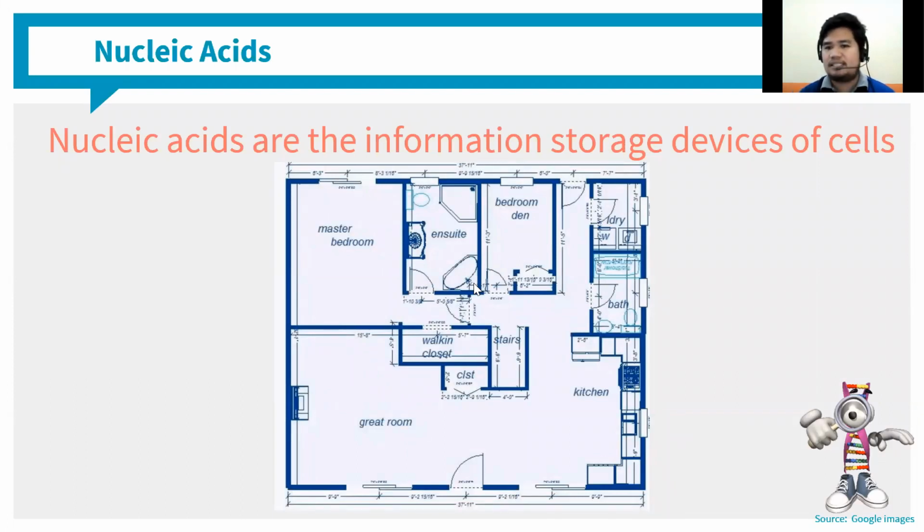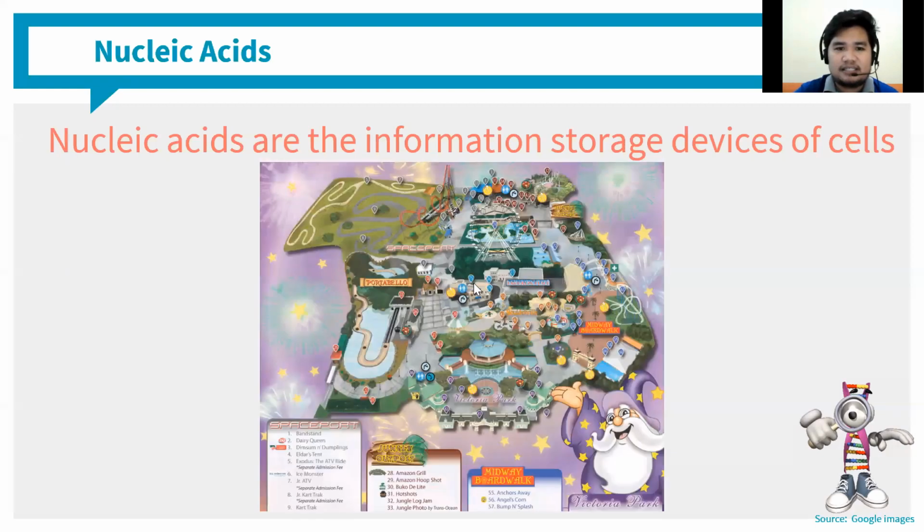Parang ang nucleic acid, may i-compare rin natin sa blueprint kung saan yung information ng building ay nandun para sa mga engineers and architects. And mapa, no? Para siyang mapa na nandun yung information about a certain place na ginagamit ng mga turista. Okay, so doon siya ma-compare yung information molecule natin.